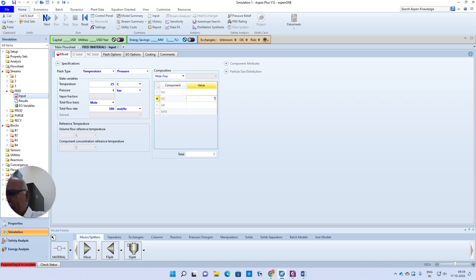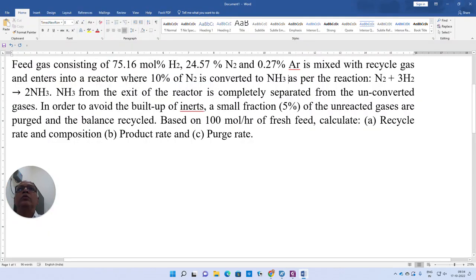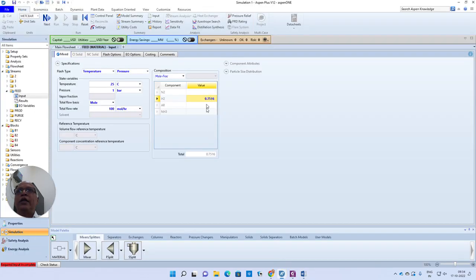Hydrogen, I think, is 75.16, nitrogen 24.57, and argon 0.27. So let us provide this detail. Hydrogen 0.7516, nitrogen 0.2457 and 0.27% of argon, so 0.0027.